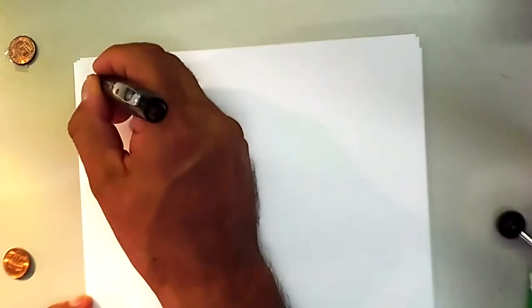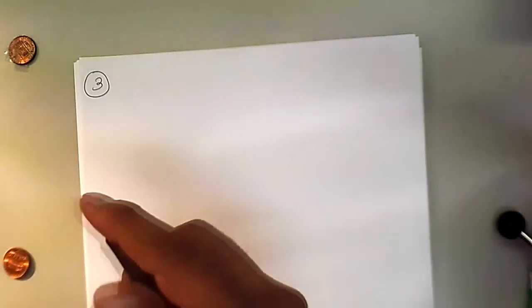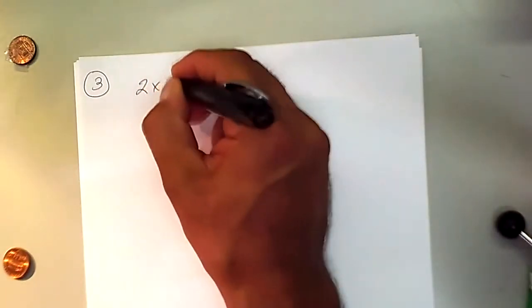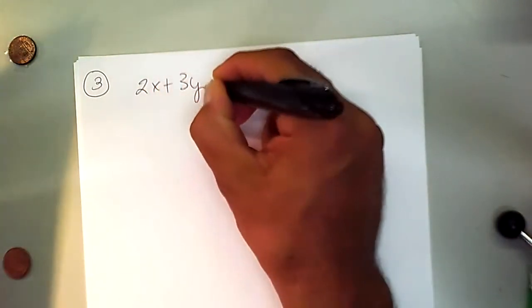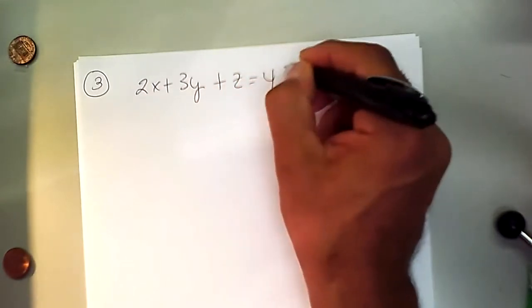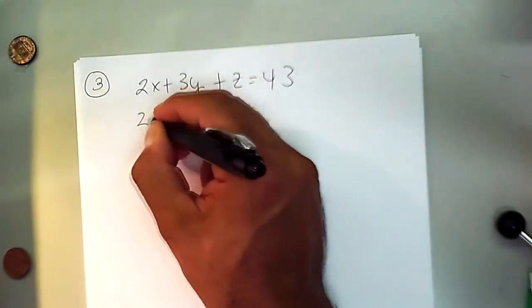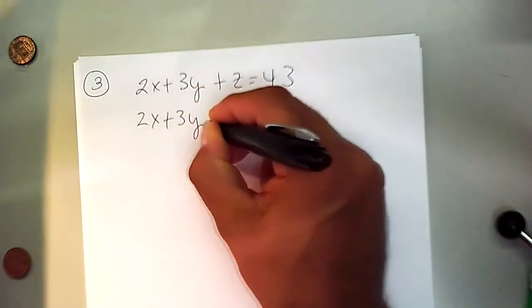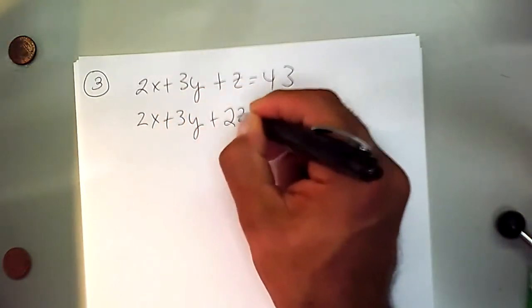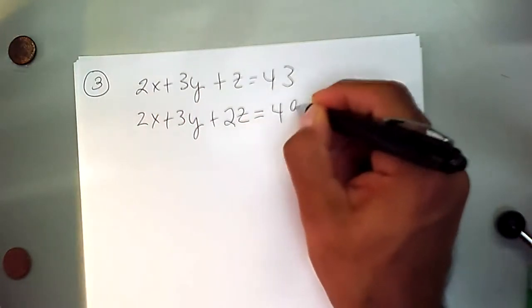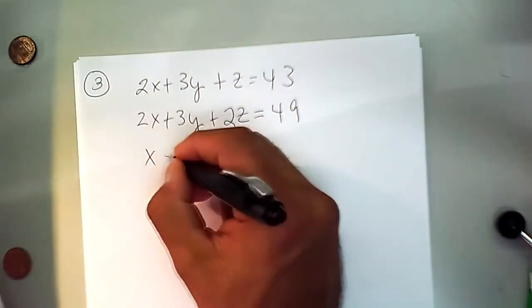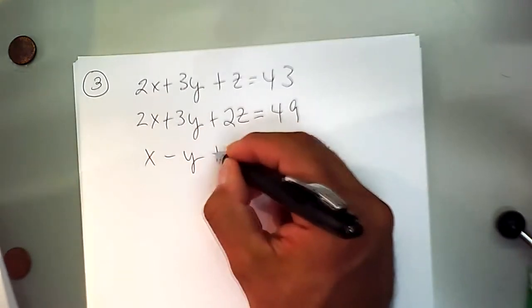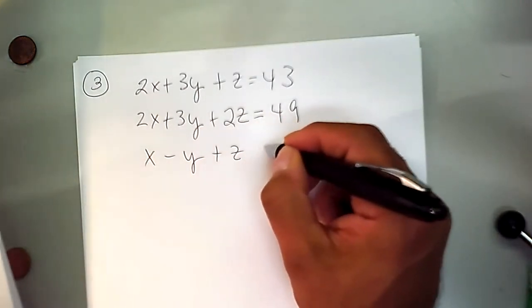There are a couple complications. Let's look at example 3. So we will have 2x plus 3y plus z equals 43. 2x plus 3y plus 2z equals 49. x minus y plus z equals 7.